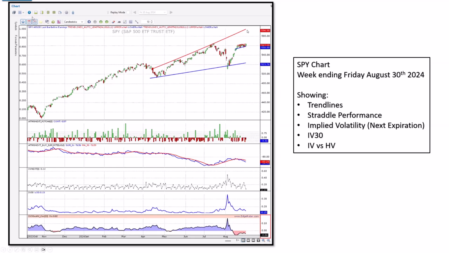So 594, 595 currently would not be out of the question, in the next few months. But also look at the lower trend line, because these essentially are, I think, the limits that you can look at for where SPY might go.